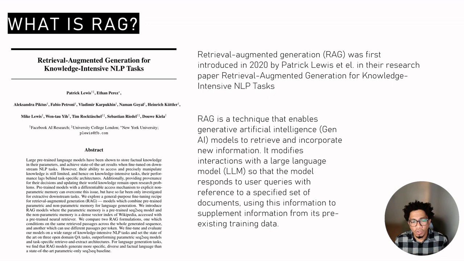Now, what RAG introduces is that you have knowledge that is non-parametric, that sits outside of the parameters of the LLM. So think of it this way: you have a database, right? That's external to the LLM, and that database consists of data, information.